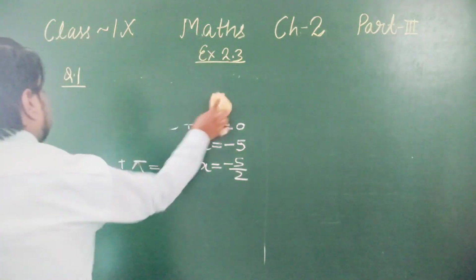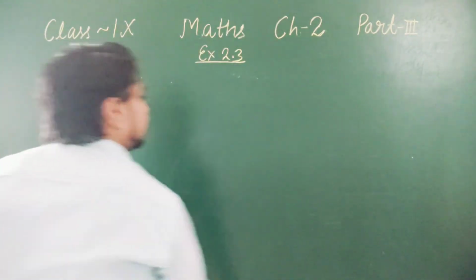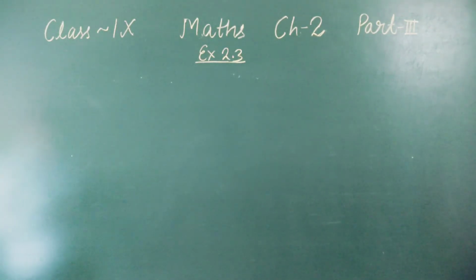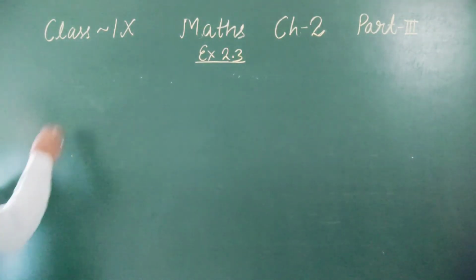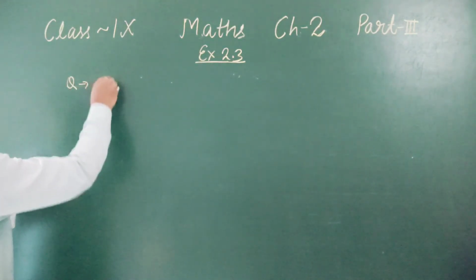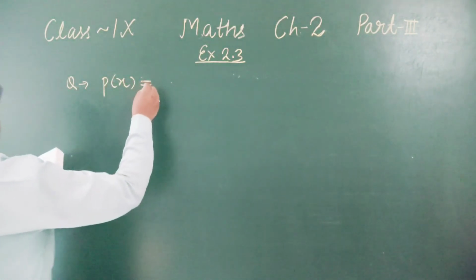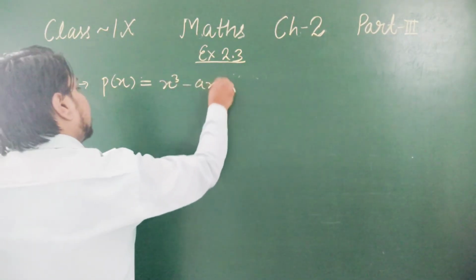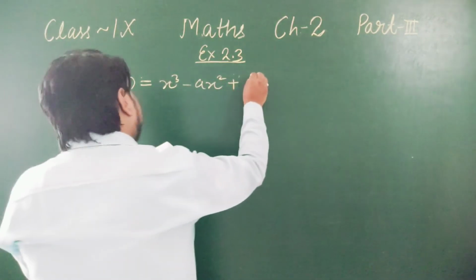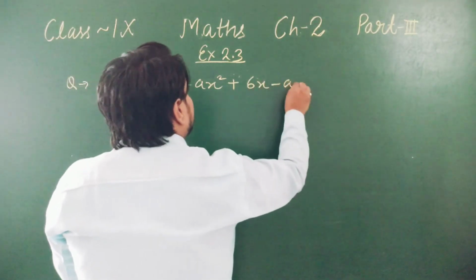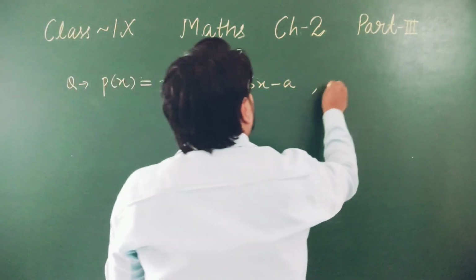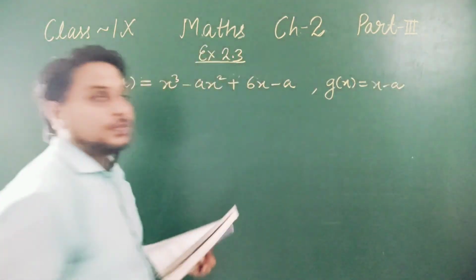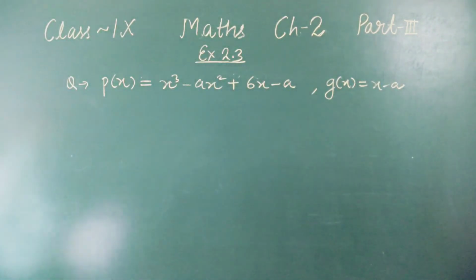Find the remainder when p(x) is given as x cube minus ax square plus 6x minus a, and it is divided by g(x), which is given as x minus a. This you need to find out.